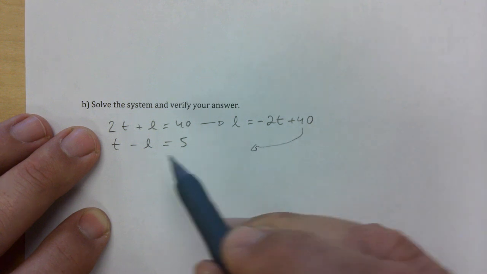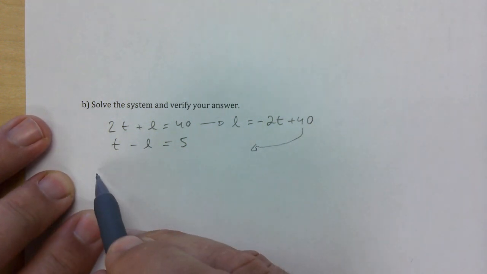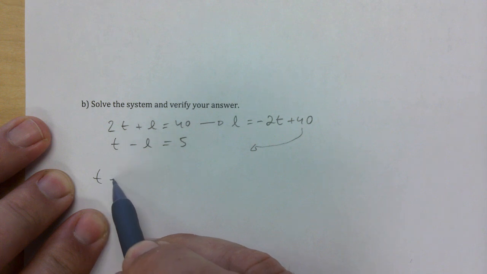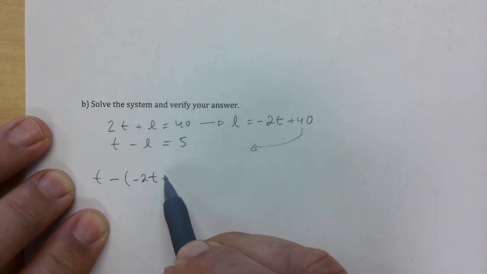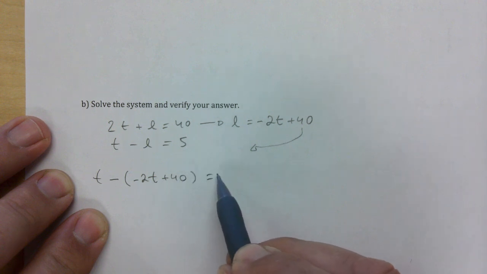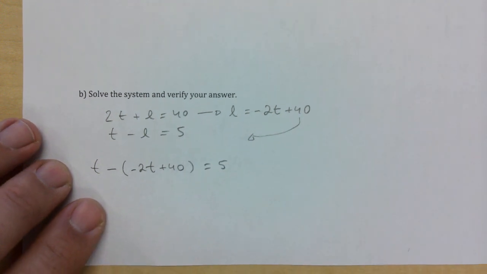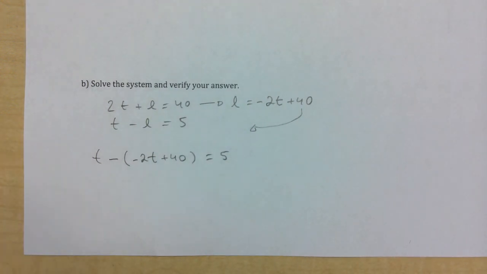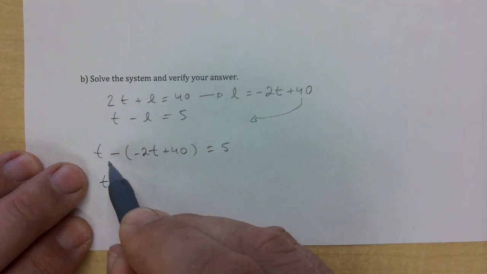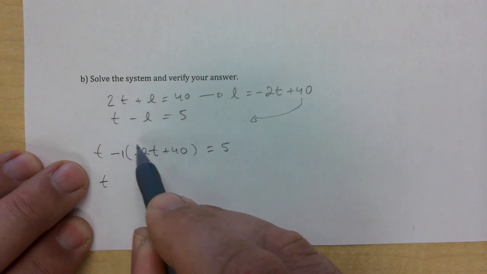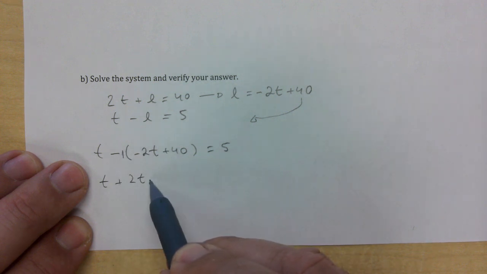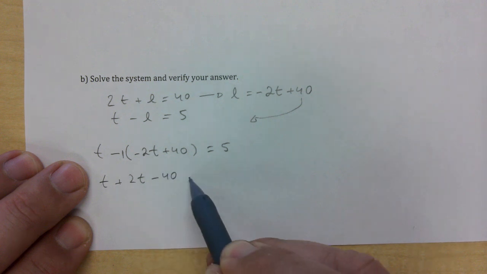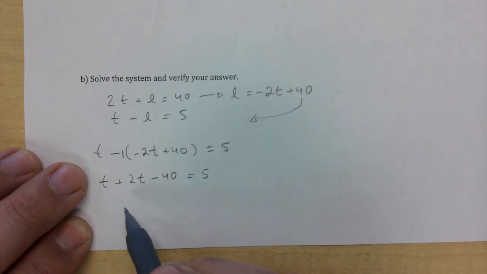I'm going to substitute that into this one here. So toonies is minus L, right? So it's negative 2t plus 40 is equal to 5. I might have taken the hardest route, I know, but I want double negatives to show up and so forth, okay? So this is basically a negative 1 up front, so that changes the 2t to positive, and it changes the 40 to a negative, and that's equal to 5.